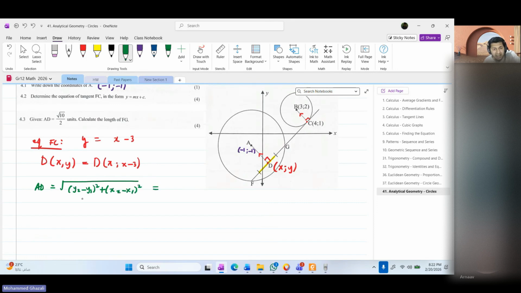But now I already have AD, which is root 10 over 2, so I will write root 10 over 2. Now, let's simplify. What is y2? y2 is this point here, and this is y1.